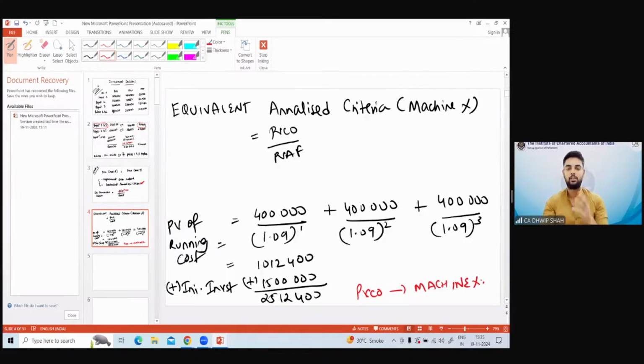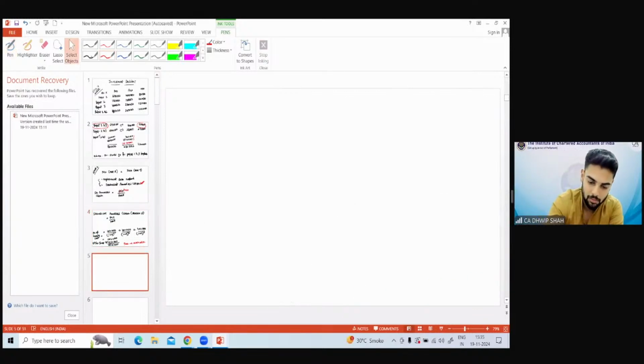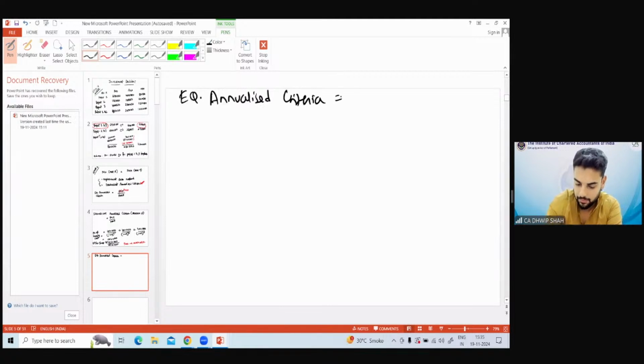I need to spend on the initial investment amount as well. So my total PVCO is 25 lakh 1 thousand 400. So my equivalent annualized criteria would be 25 lakh 1 thousand 400 divided by PVAF.